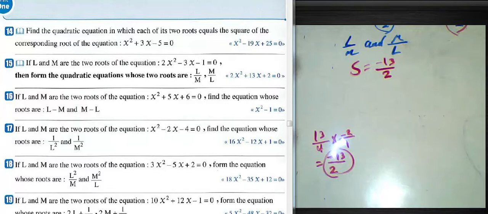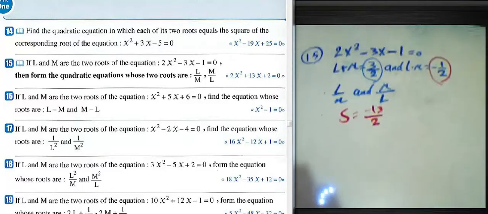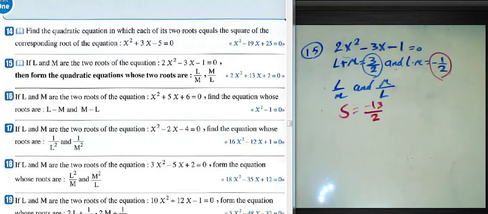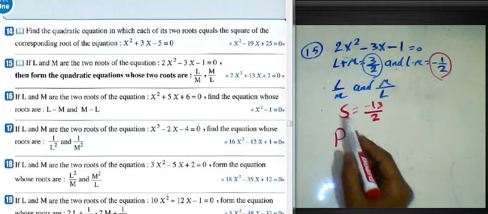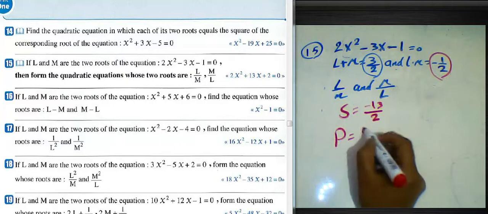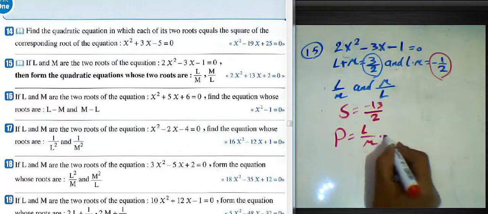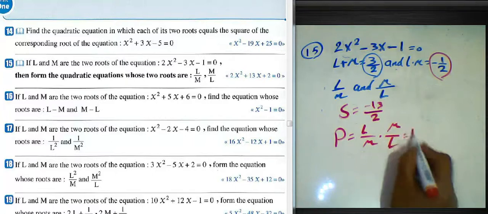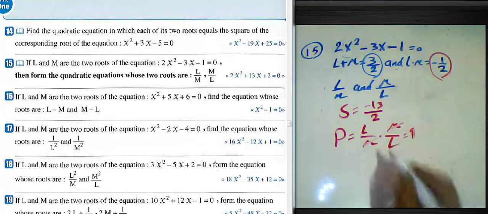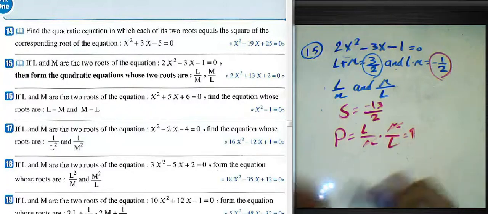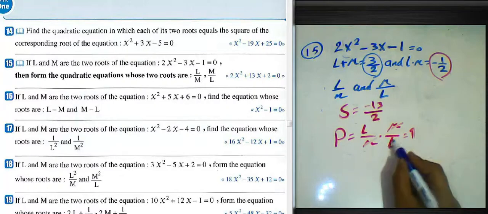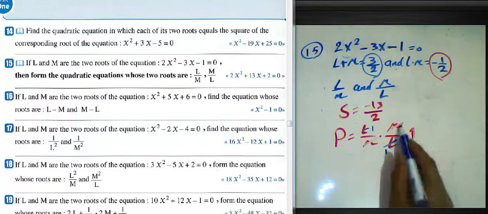And we want to find the product about two roots: L over M multiply M over L. The result will be 1 because it's an inverse. Multiplication inverse: L over M multiply M over L equals 1, because we can cancel L with L, and the result will be 1.